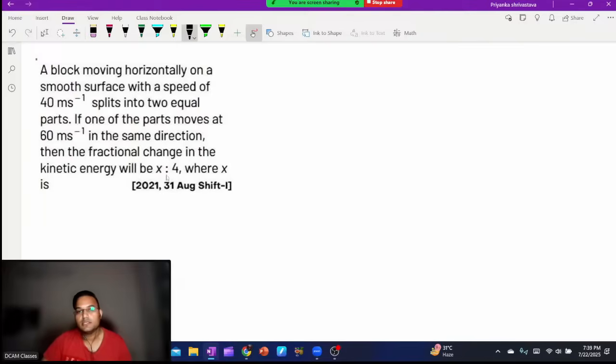They have asked the value of X. That's all. You have to give me the value of X. Fractional change means you have to divide the kinetic energy final by kinetic energy initial. That's all. So is it 3? No, wrong.